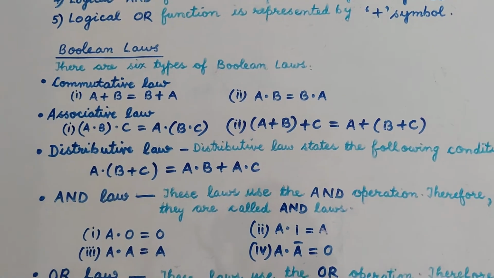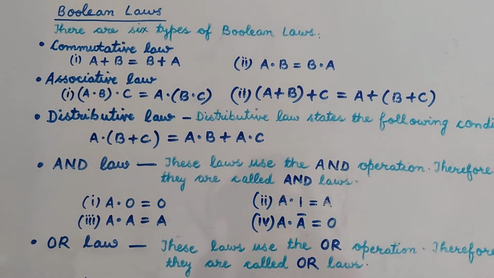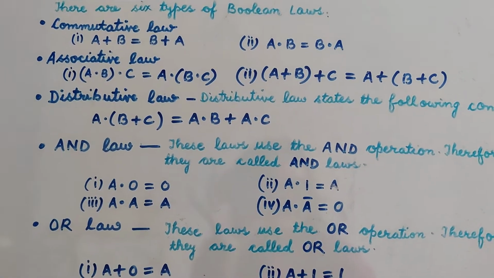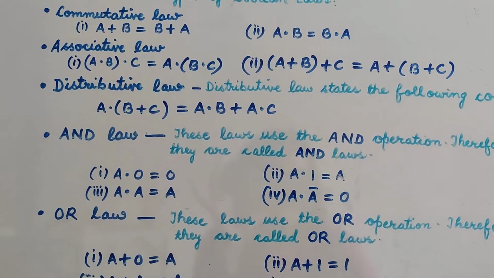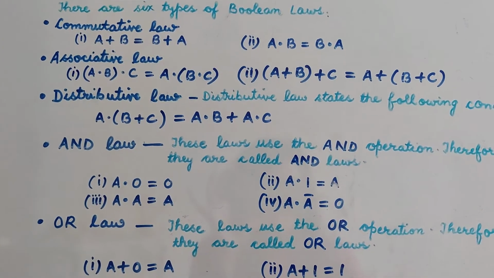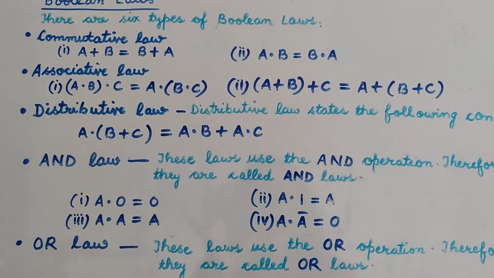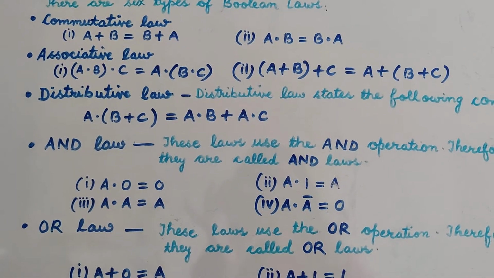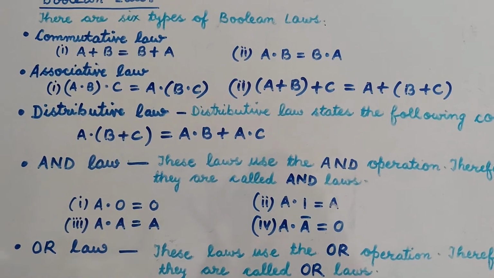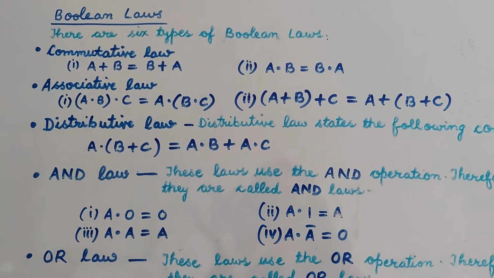The second law is the associative law. The associative law in Boolean algebra states that the result of the logical operations remains the same if the order of addition or the order of multiplication is changed.